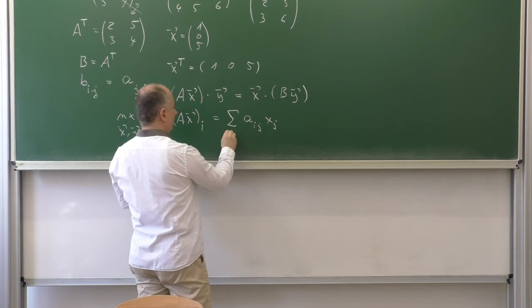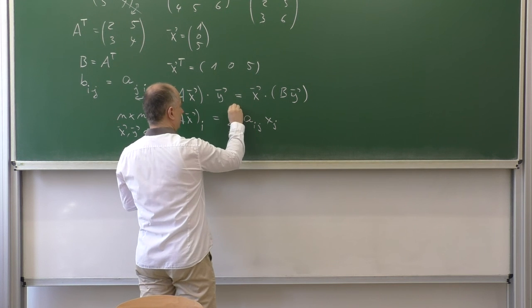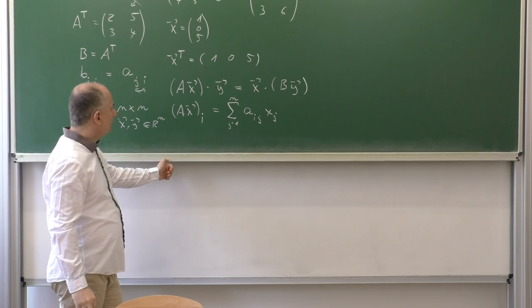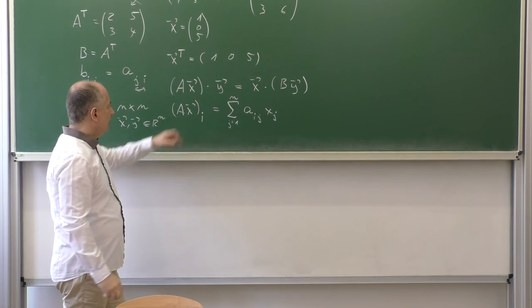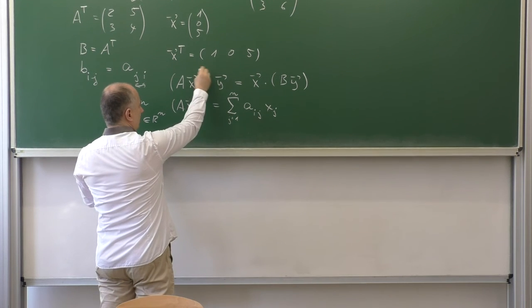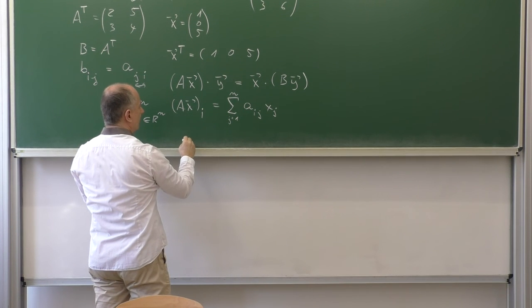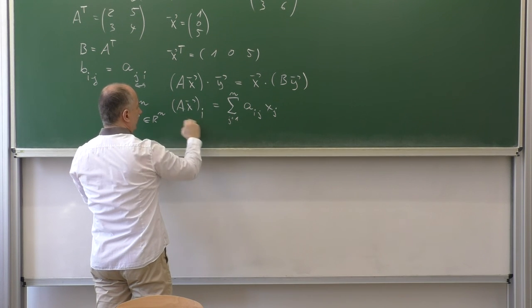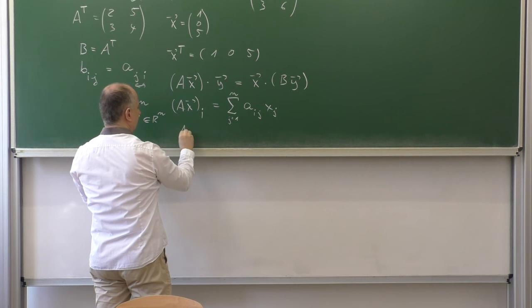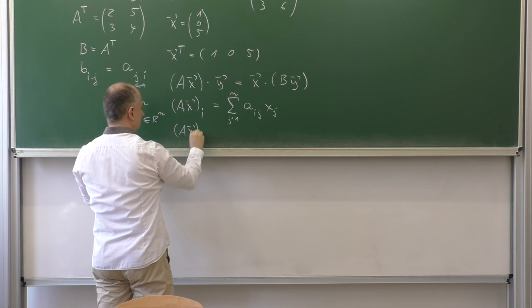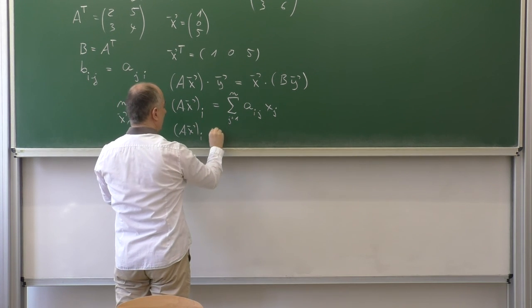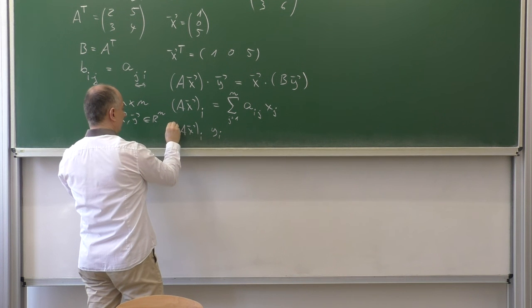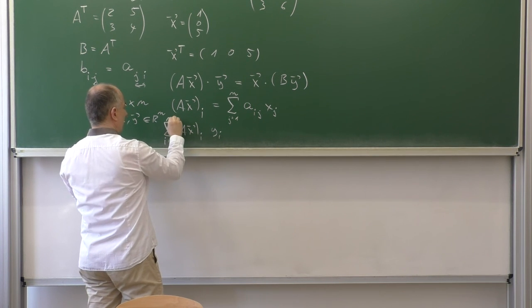In this case, j runs from 1 to n. And then the scalar product on the left-hand side is the ith component of the first vector times the ith component of the second vector, and i runs from 1 to n.